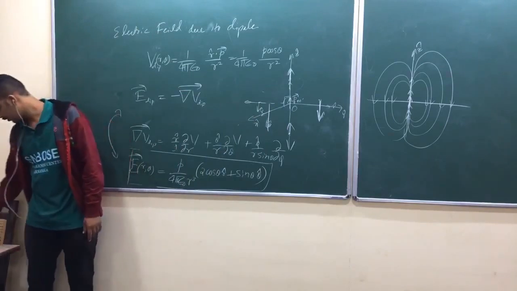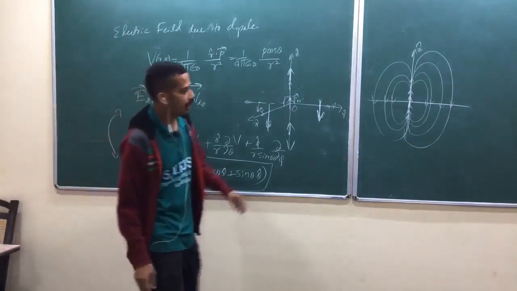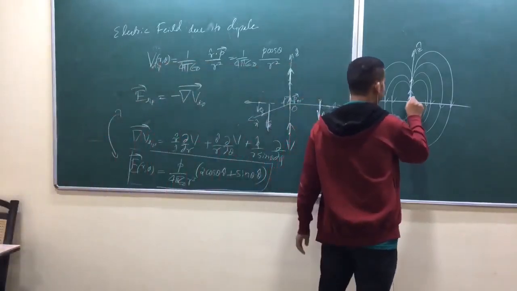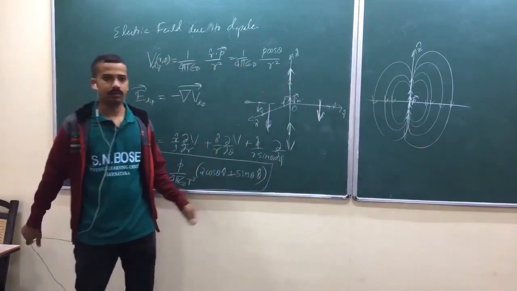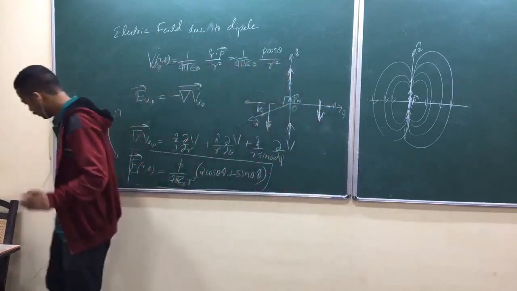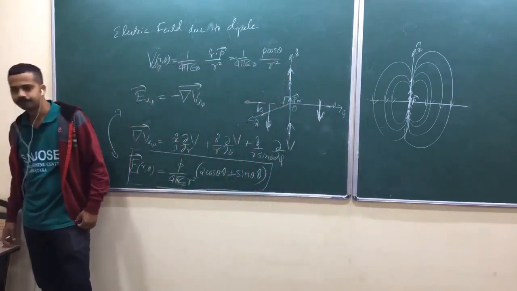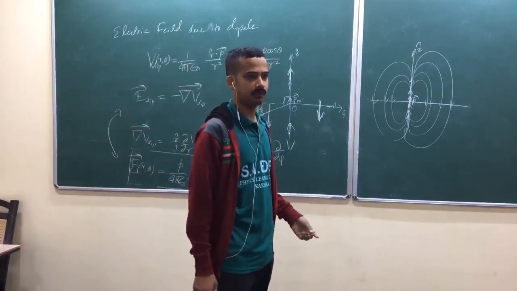Now that is what we call a pure dipole. If you are just writing P like a very point dipole, I think we have used that word, pure dipole. What I have used earlier: point dipole, ideal dipole, and one more word I have used, perfect dipole. Is that okay?